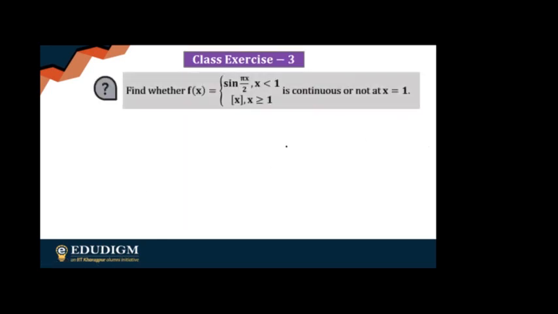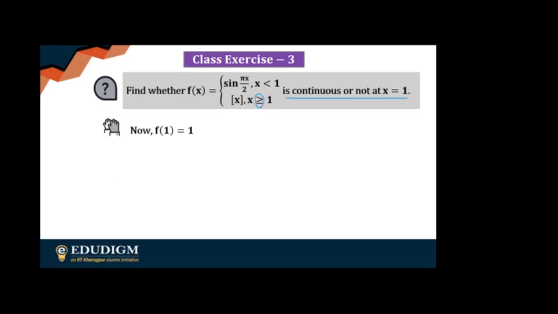Chalo, the next one. You have to judge its continuity at x equals 1, which is very simple because if you look at the original function, it changes its behavior around 1. So you have to see the left-hand limit and the right-hand limit as well as the functional value. This is the functional value, which is very simple. You just put x equals 1. Look where the equality is.